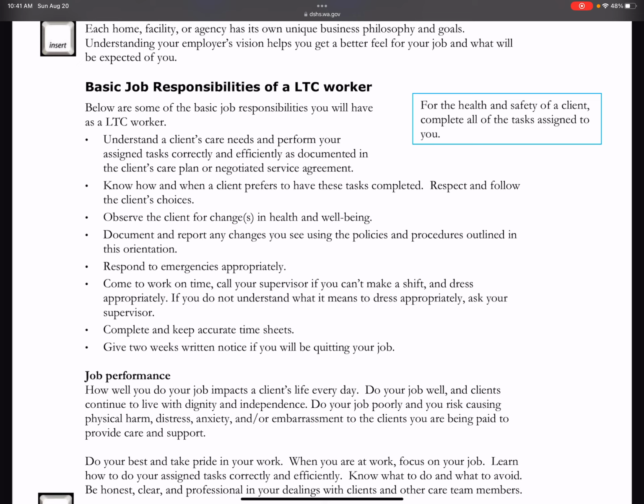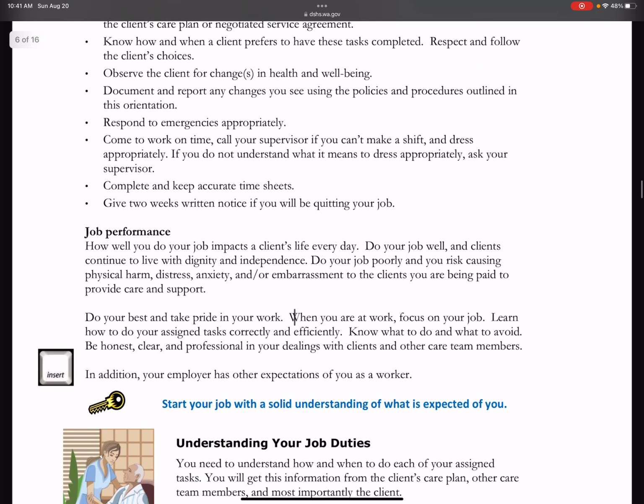If you do not understand what it means to dress appropriately, ask your supervisor. Usually comfortable pants, something that covers your chest, comfortable shoes, like that. Not flip-flop shoes. It's not convenient for work and it's not good for safety. For the health and safety of a client, complete all the tasks assigned to you.